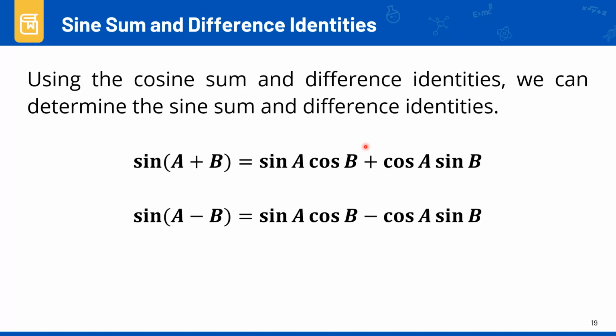However, for sine a plus b, you have partners. We have sine and cosine as partners. So you have sine a cosine b, and then cosine a sine b. That would also be the same for the sine difference. So you have sine of a minus b, that's equal to sine a cosine b minus cosine a sine b.